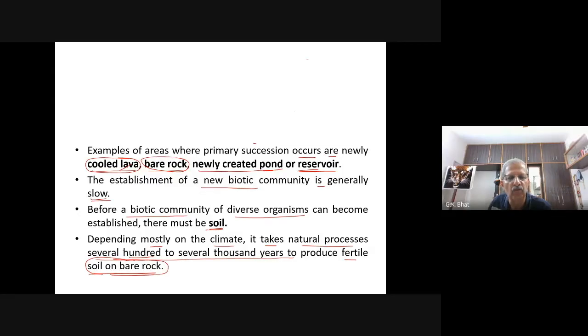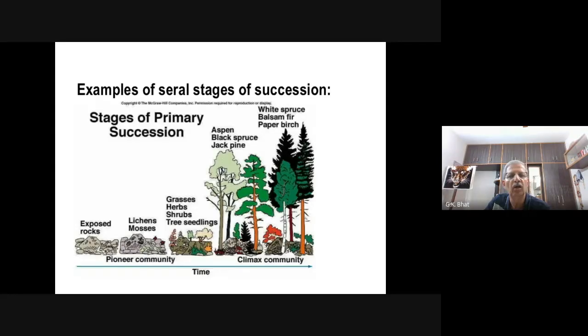So that is why primary succession is always a slow process, right? Look here, this is the bare rock, exposed, and no organisms were there. The first organisms to appear are called pioneers.